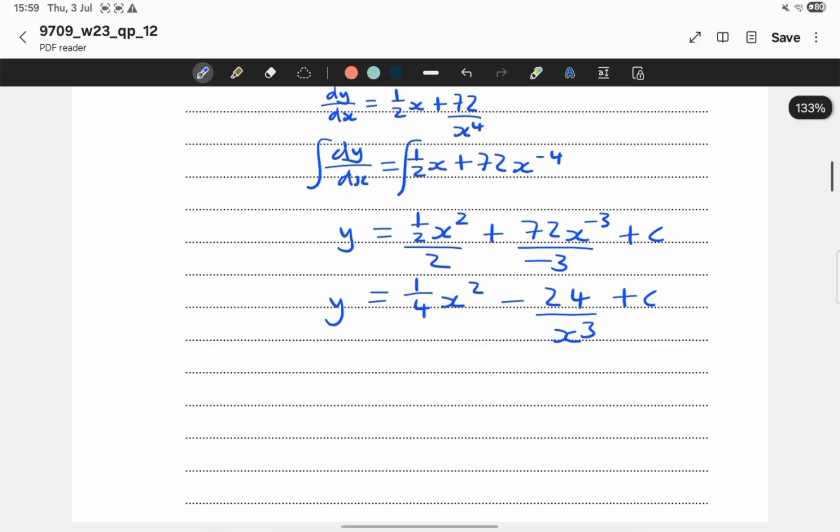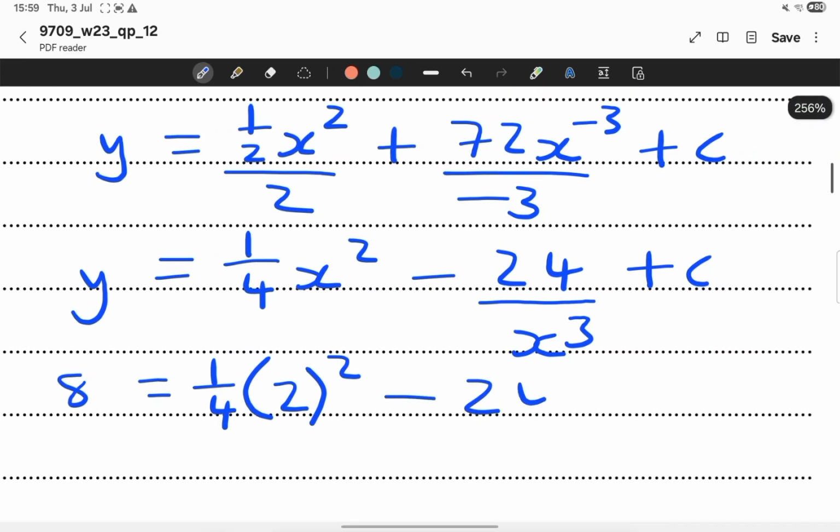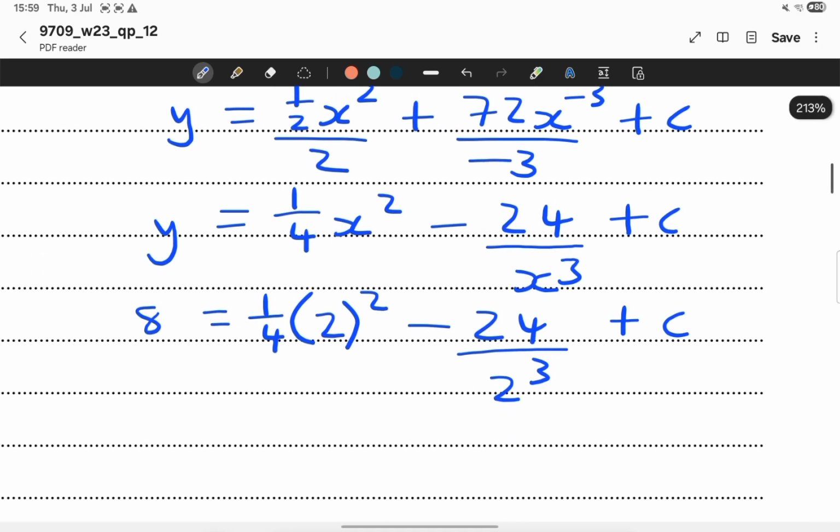So we know at P, y is 8 and x is 2. So we're just going to sub those in, 24 over 2 to the power 3 for us to get c. Right? And this will be a quarter times 4 minus 24 over 8. That will be minus 2. So it's 8 is equal to minus 2 plus c. So our c is 10.